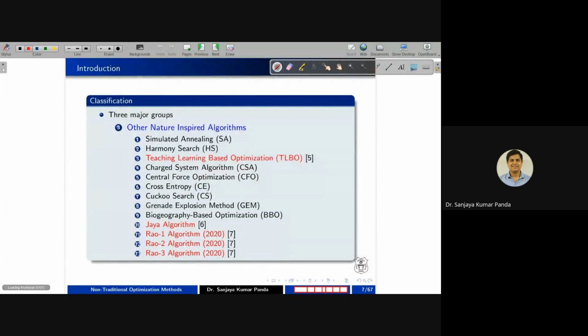Now, coming to other nature-inspired algorithms, we have simulated annealing, we have harmony search, we have teaching learning based optimization, which is based on our classroom teaching.